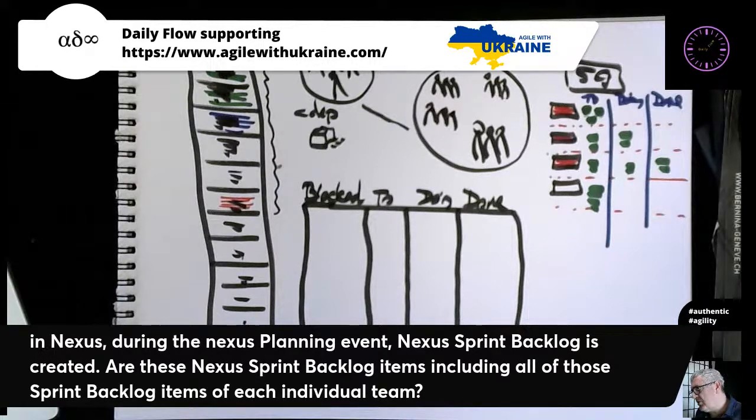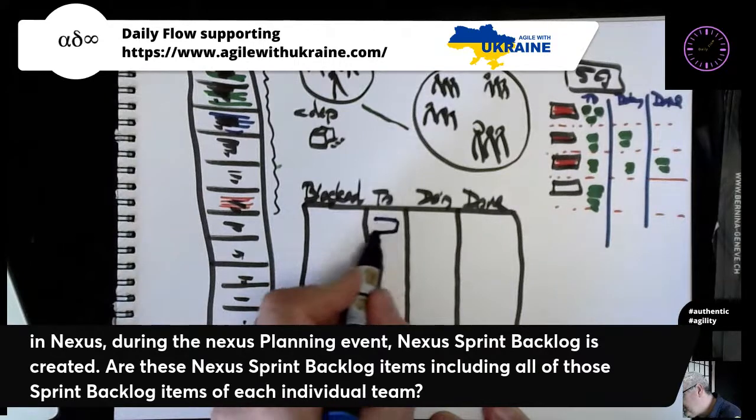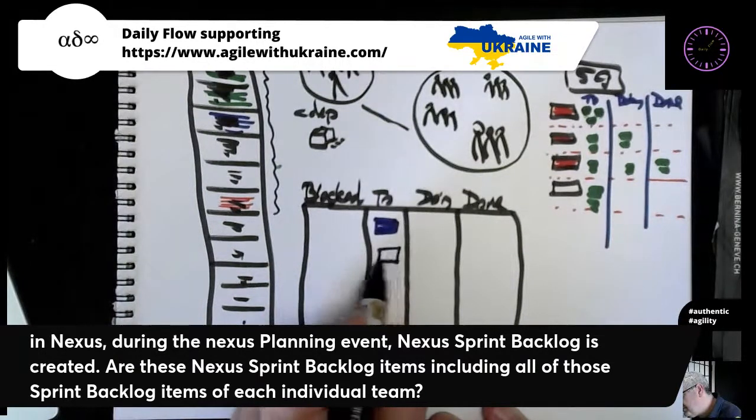But actually, I don't have a problem with a blocked column before the work has even started, because what this is saying here is I can't even start this thing. And the reason it might not be able to start is because maybe, for example, the blue items, let's say there's 2 of them.